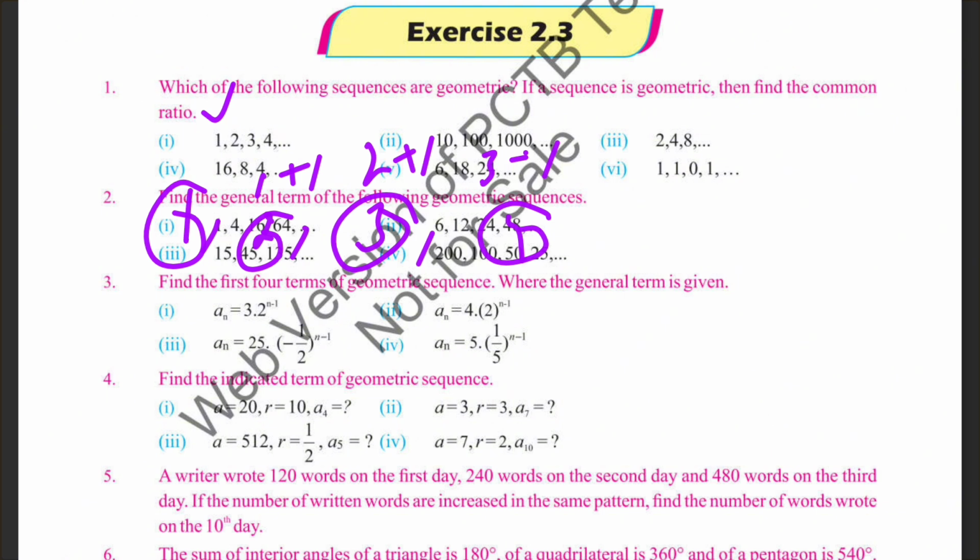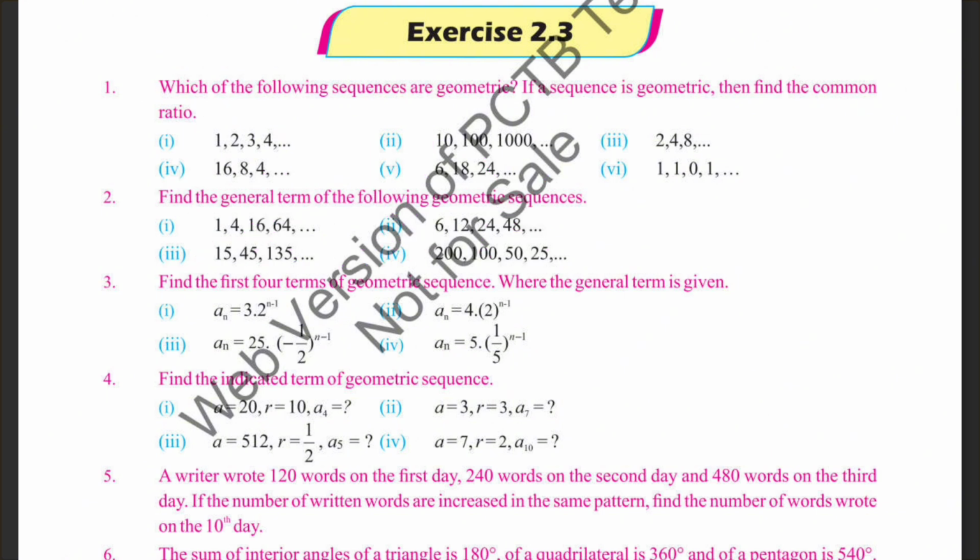Now we find a geometric sequence, and here we multiply the previous value and obtain the next value. 1 multiply by 1 is 1, and 1 multiply by 2 is 2, and 2 multiply by 2, the next term is 4.